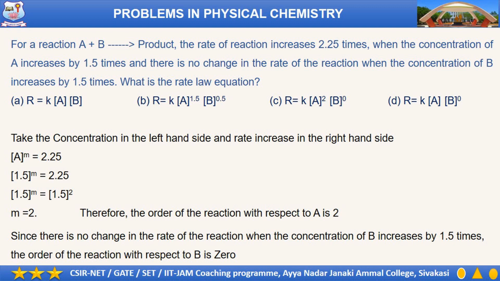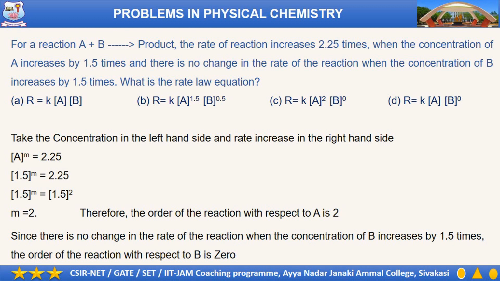What is the rate law equation? They are not asking you to write down the order of the reaction, but they are asking you to give the rate law equation. First option, R is equal to K into A into B. Second option, R is equal to K into A power 1.5 and B power 0.5.